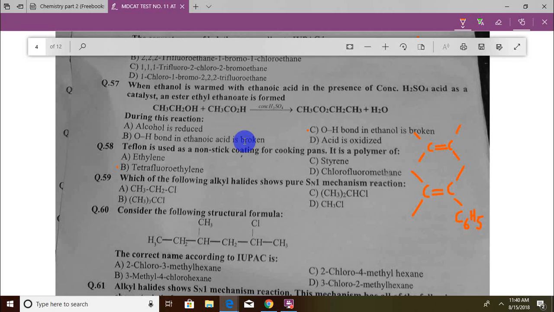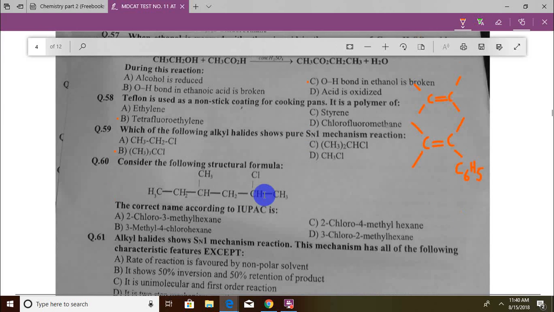Right, and Sn1 mechanisms are usually preferred by tertiary alkyl halides, and sometimes Sn1 is shown by secondary as well, but because they have mentioned purely, let's look for that. Interesting. This is secondary, can show it occasionally but not definitely for certain. Answer is B.